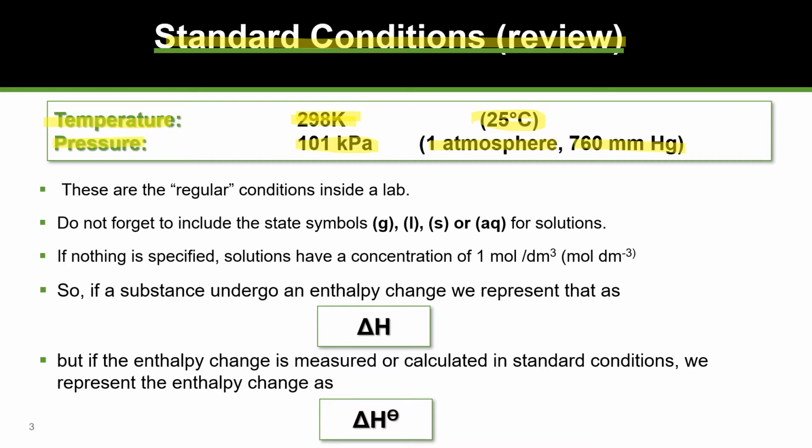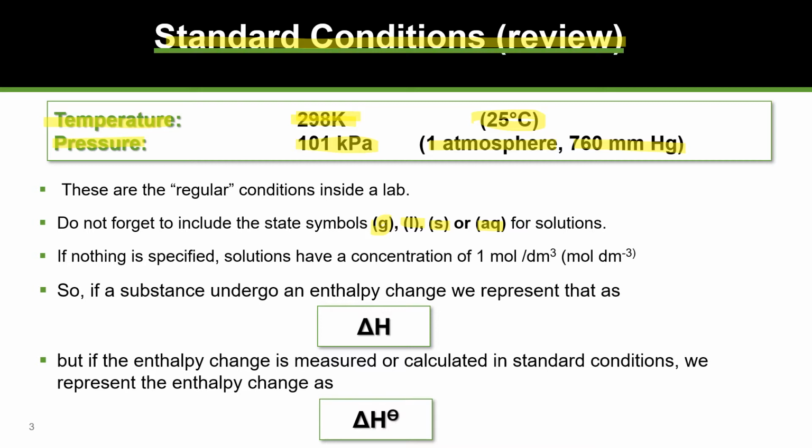The reactions and the equations must be shown with the state symbols: gas, liquid, or solid. So you are going to put G, L, or S for these states of matter, and also AQ for aqueous solutions.